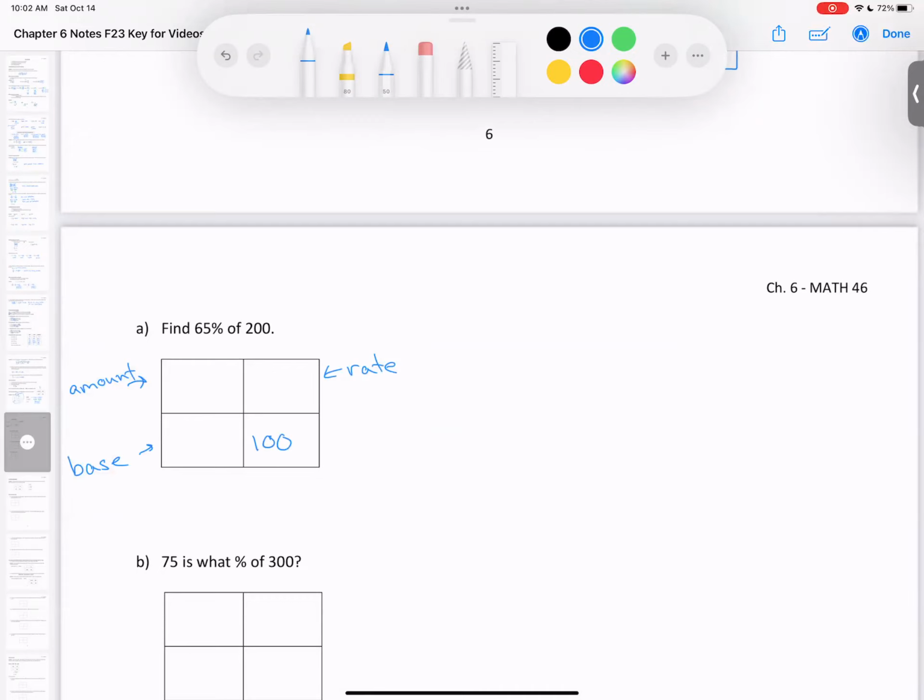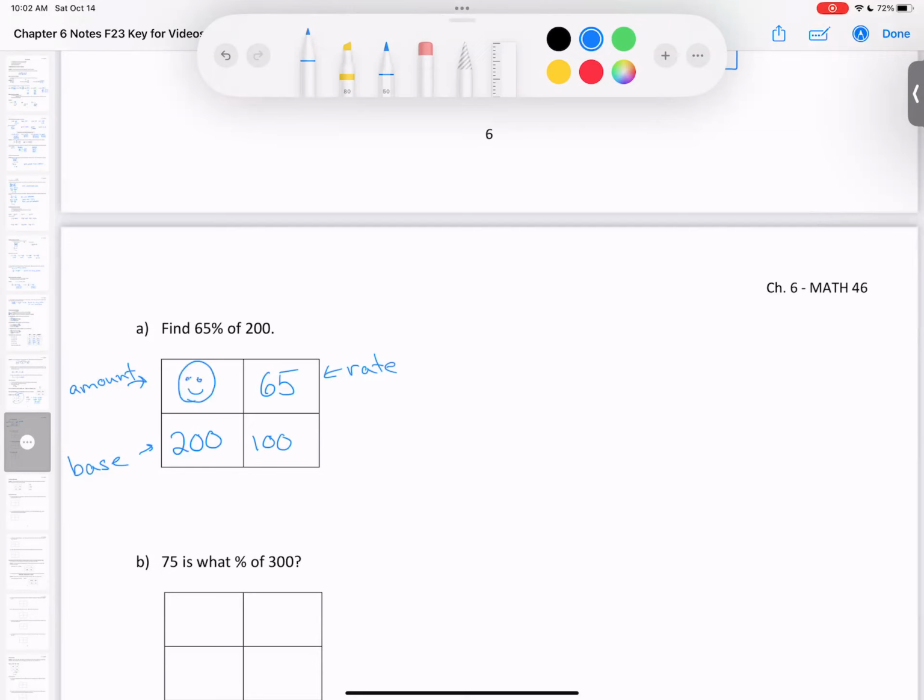So what do we know? Find 65%. So 65 is our rate. And then of 200. So 200 is our base. And that means our amount is unknown. So I'm going to write that as an X. You can use whatever letter you want. You can even put a smiley face in there if you want. Let's do a smiley face. It'll be more fun. Okay, our smiley face is our unknown.